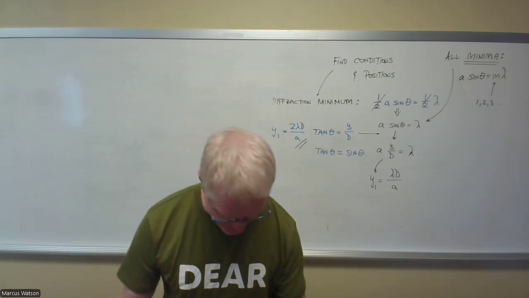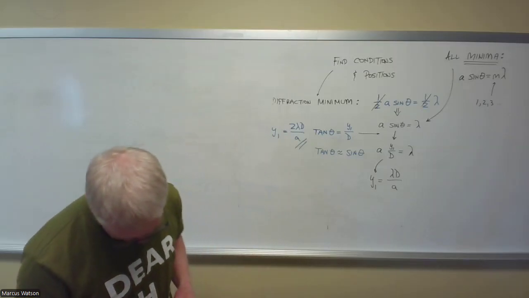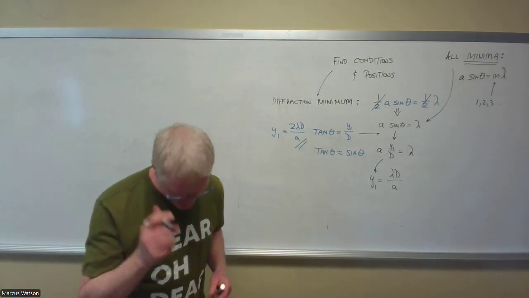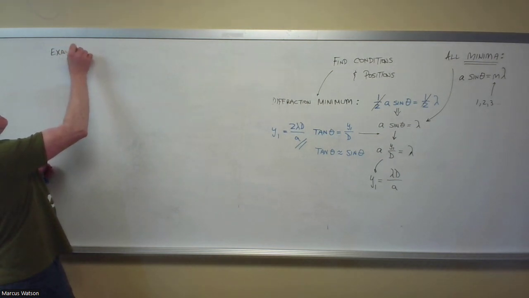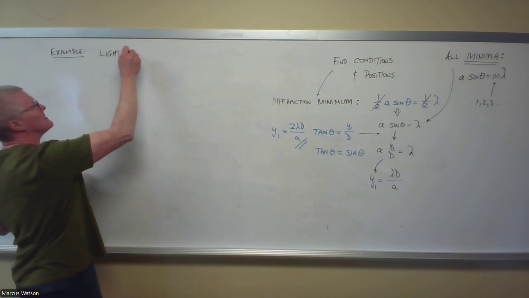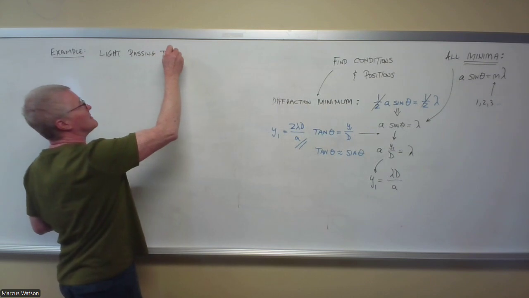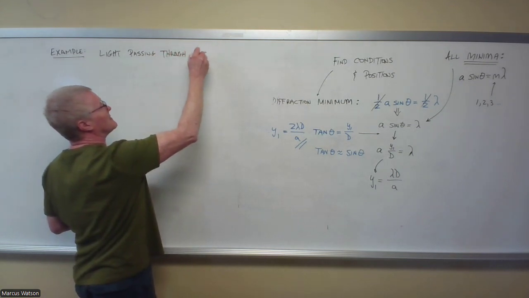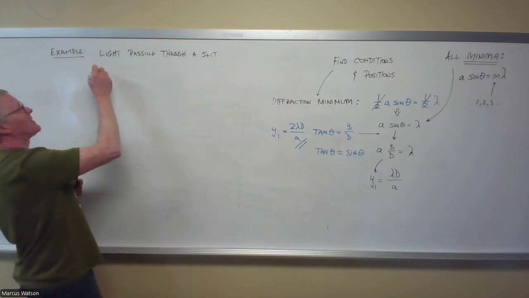Okay, so we have a little example where we have light going through a slit, and the slit width we know.